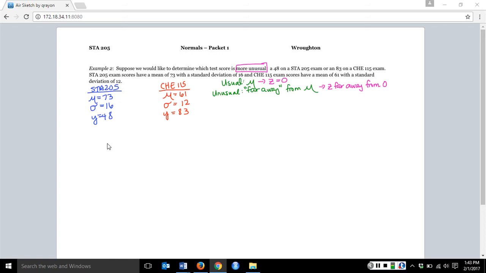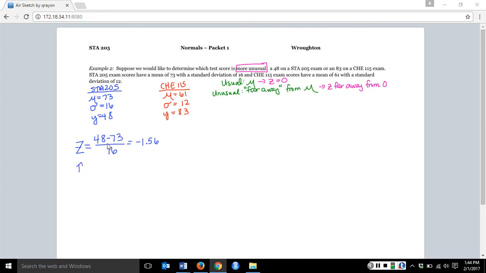So now let's actually do our math. So let's do our z for our 205 student. We take our value of y, which was 48, minus our mean of 73, divide by our standard deviation of 16, and we get a z-score of negative 1.56.